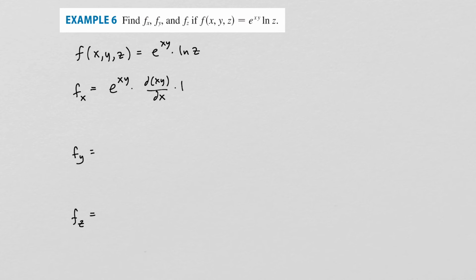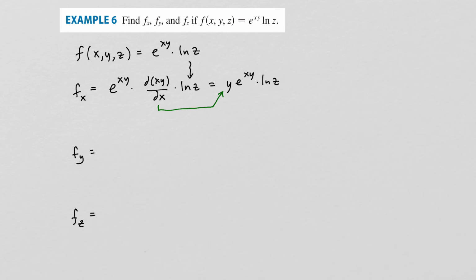And then, of course, multiplied by the natural log of z, because again, this is a constant, so it just comes down. What is the derivative of xy with respect to x? Again, y is a constant. So the derivative of a constant times x is that constant. So this is just going to be y e to the xy times the natural log of z. So if you're wondering, this came from here.